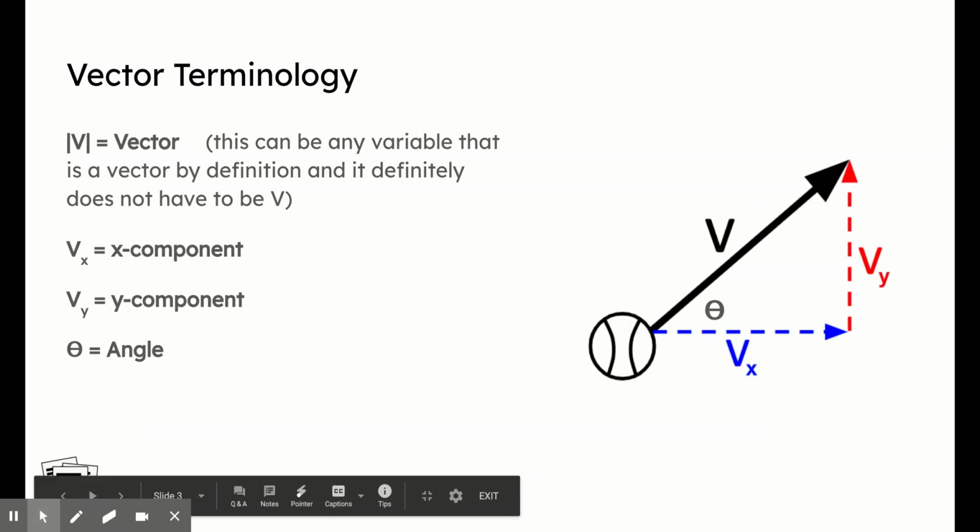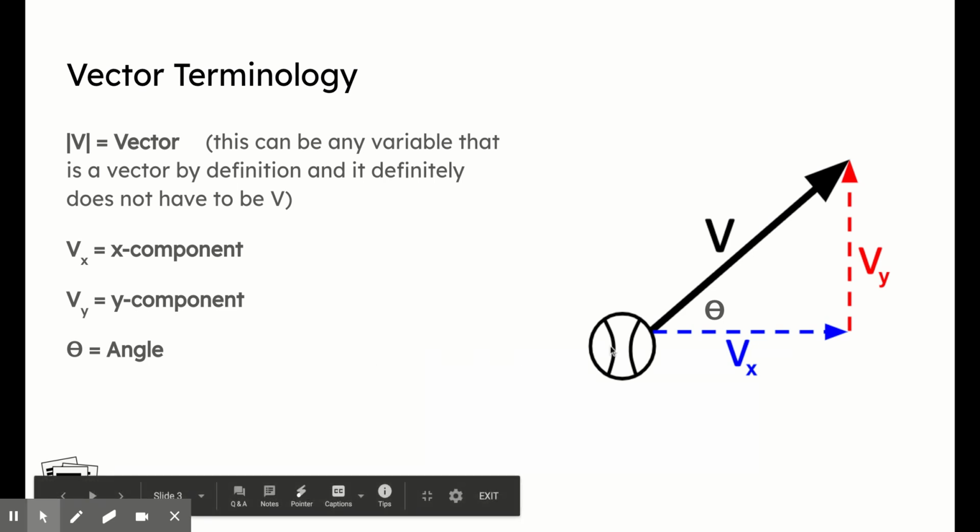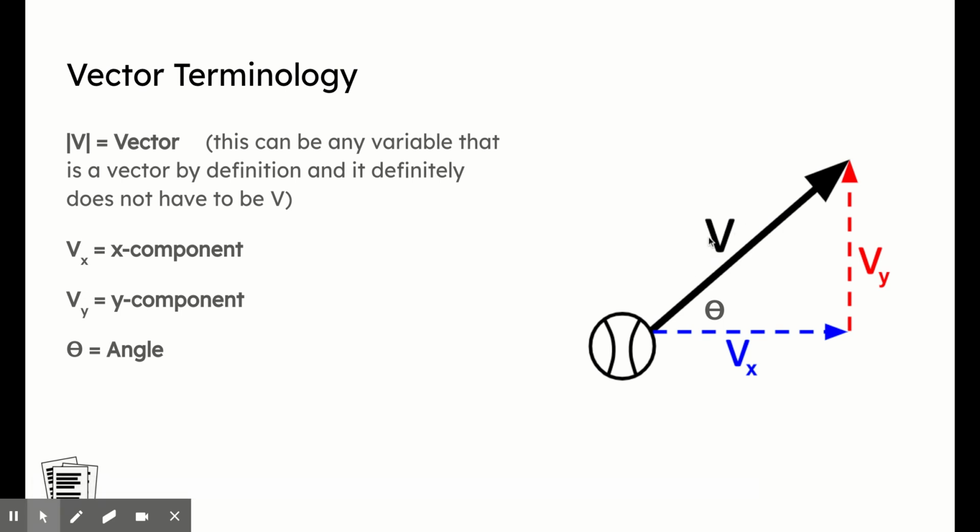Some terminology. If you just have an object that's moving, notice that velocity is also a vector, which we'll define a little bit later. But let's say that this object is, again, moving in the northeast direction. It's going off, right? And here is our resultant vector, if you will call it, because you'll see that it's the addition of these two components.